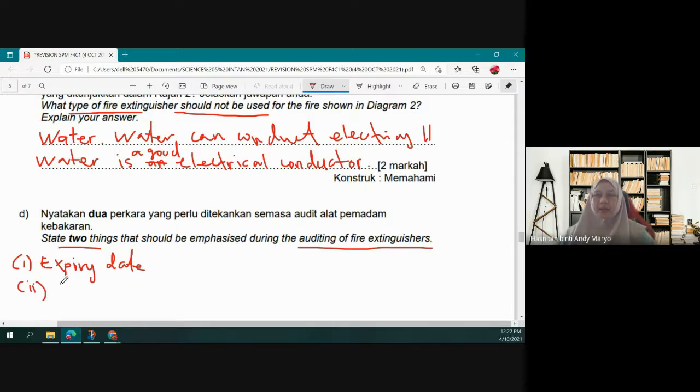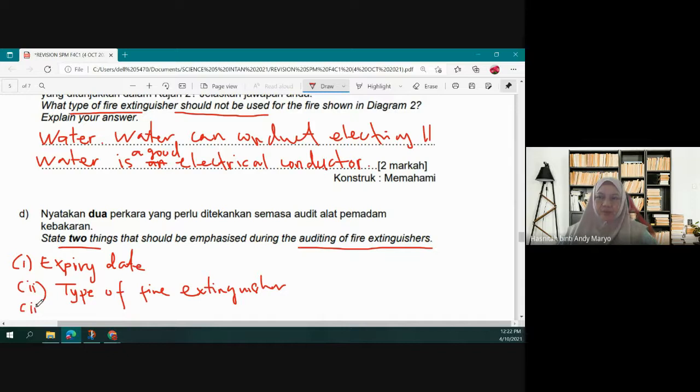Okay, remember, you can check on the type. Okay, either we are buying the correct type or not according to our school consumption. Type of fire extinguisher. How about number 3? Okay, would you like to respond?